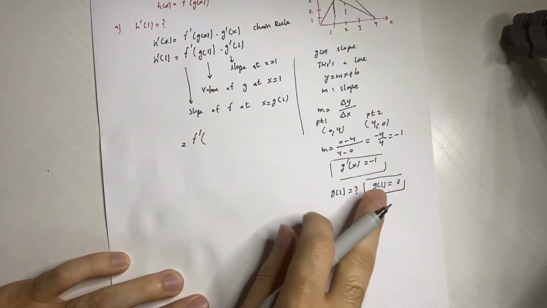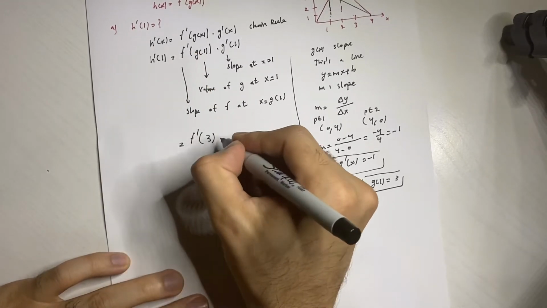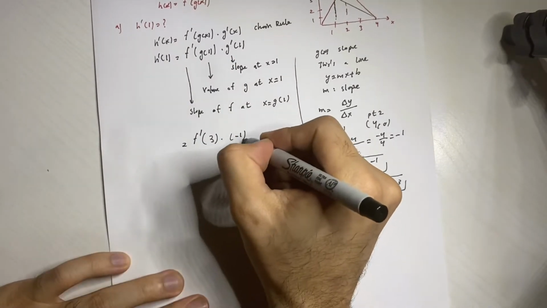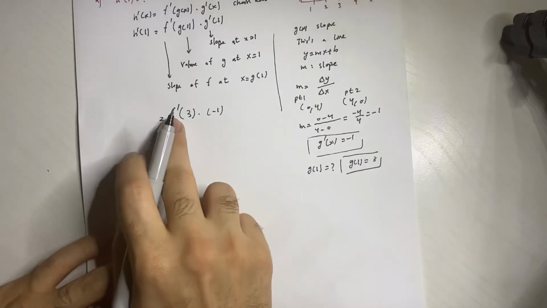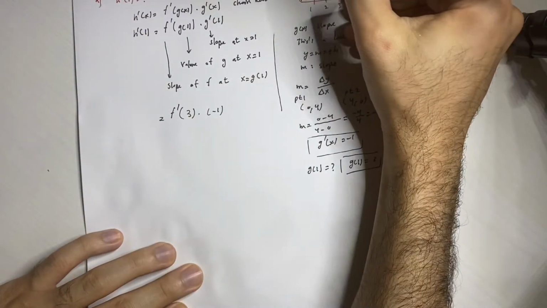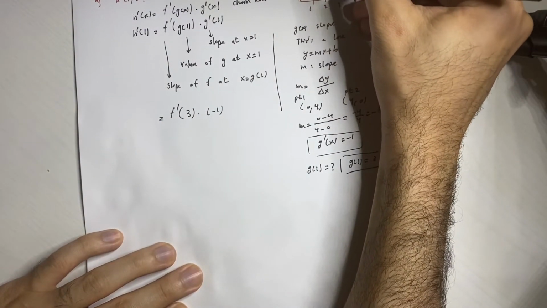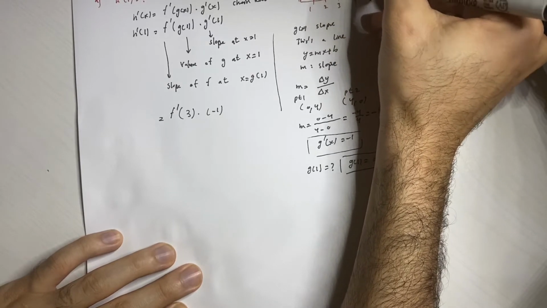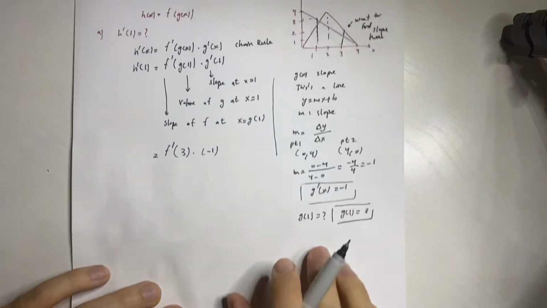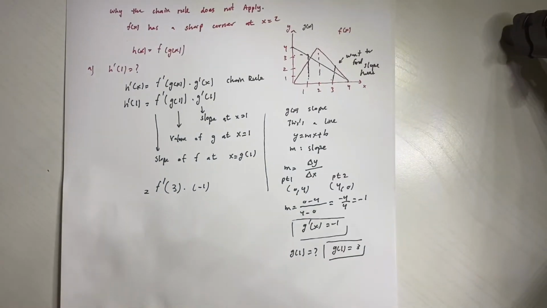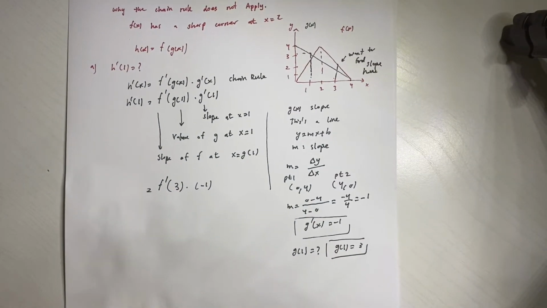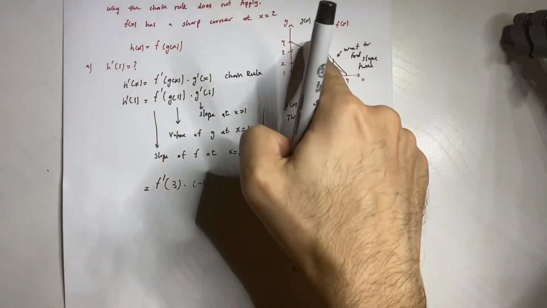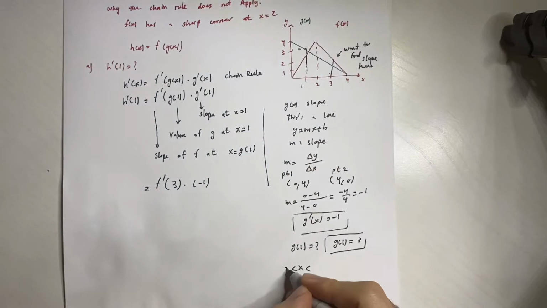So again, g of 1 will be 3, and g prime of 1 is going to be -1. Now we have to find f prime of 3. We can see that this segment will be f prime of 3, and we have to find the slope there, the derivative. Remember, slope and derivative are the same.